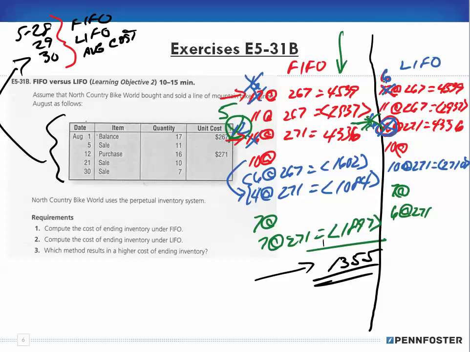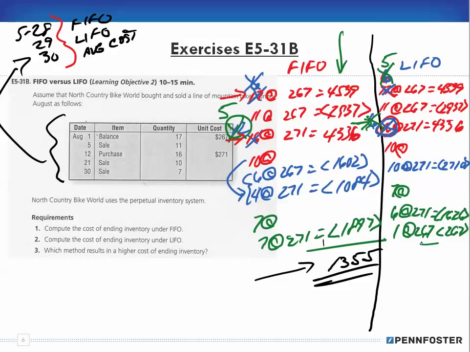So I have to come back up to the other last ones, that's this 6 here, which means I still have 5 left in. So I have 1 at 267. So 271 times 6 is 1626, and 267.